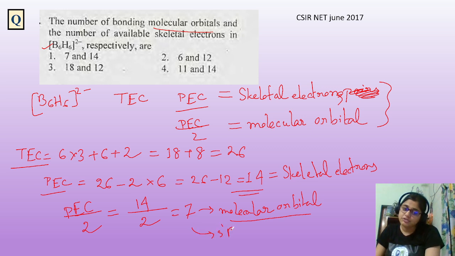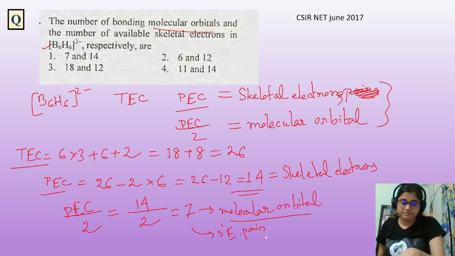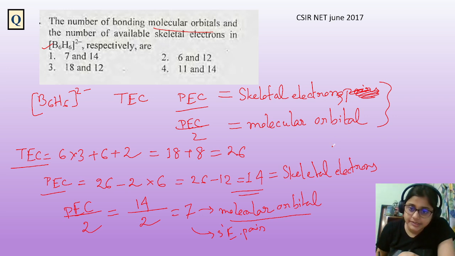If we multiply with 2, because a pair means 2 electrons each, right? So 7 into 2 is also 14, and we can write the skeletal electrons. So skeletal electrons will be 14 and the molecular orbital will be 7.